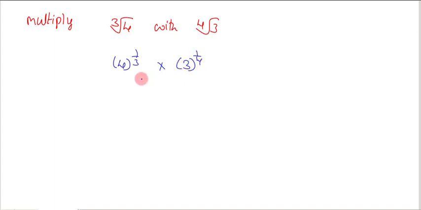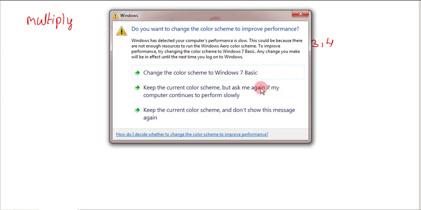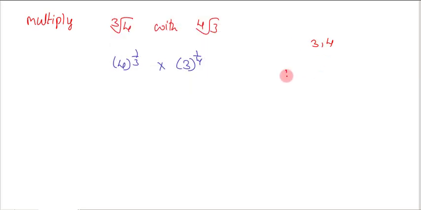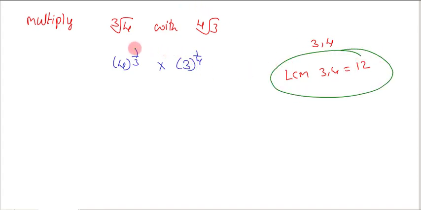Now as these two surds have different orders, we need to make them the same order. So we take the denominators of the powers, which are 3 and 4. The LCM of 3 and 4 is 12. That means we need to make these surds of order 12, so the denominator of the power should be 12.